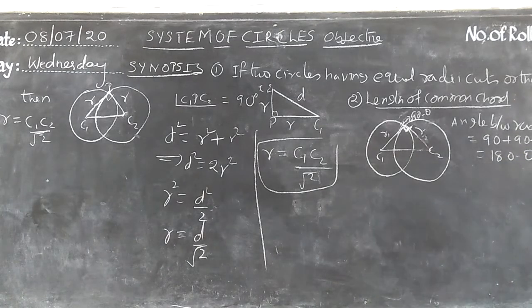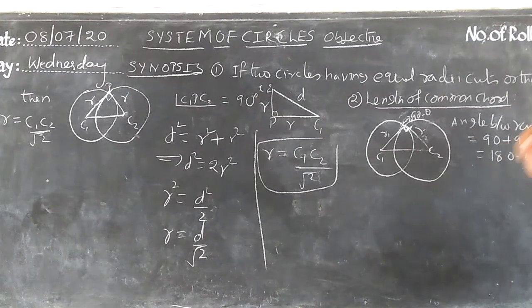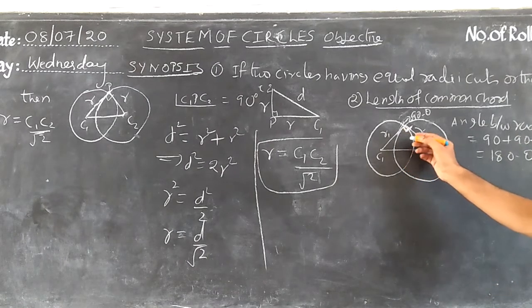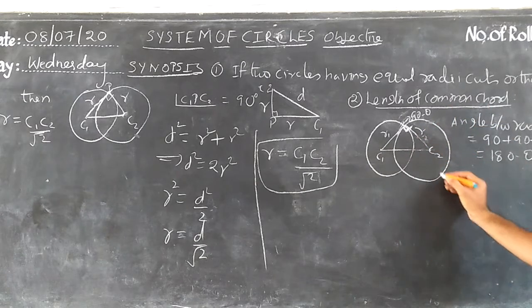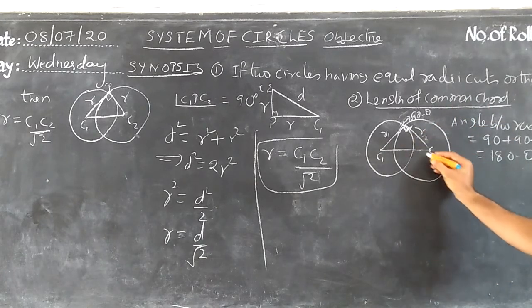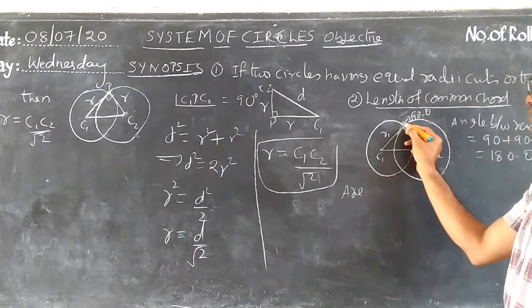The angle between circles I have calculated in the proof, as I said in the Exercise 2A concept. So the angle between the two circles can be considered as 180 minus theta. Then we can do one thing, depending upon the area of a triangle formula. Draw like this.